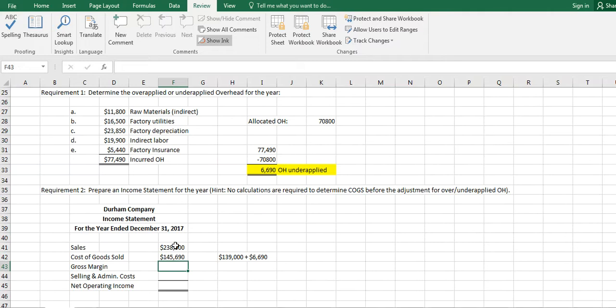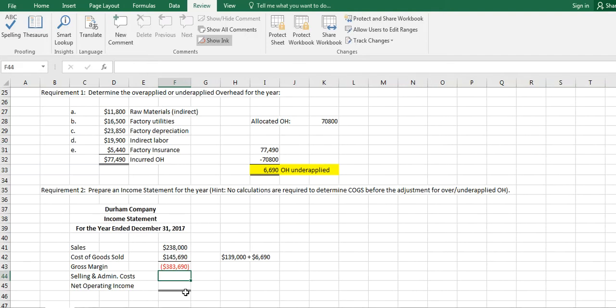So our gross margin is going to be our sales less our cost of goods sold. Oh, see, that didn't work out right. I've got a minus in there that shouldn't be there.